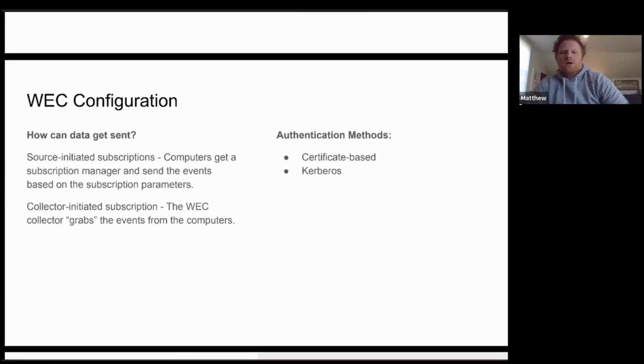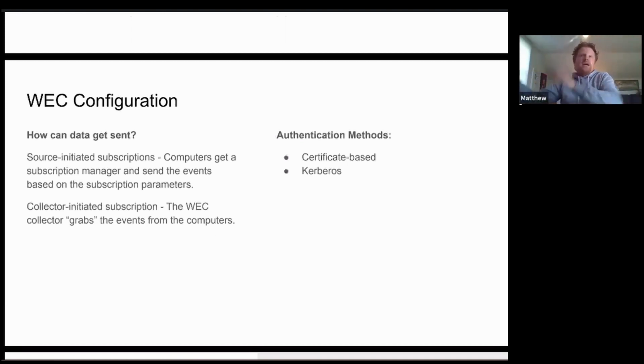Again, this is all high level. We're not really getting into the Cribl portion yet. But in terms of WEC configuration, generally speaking, how do you configure this thing? There are typically two different ways. One is source initiated, which is basically the workstation being configured to send the logs to a centralized receiver.